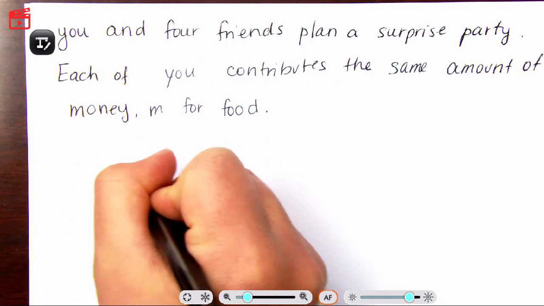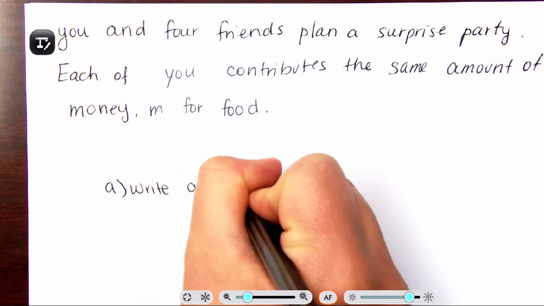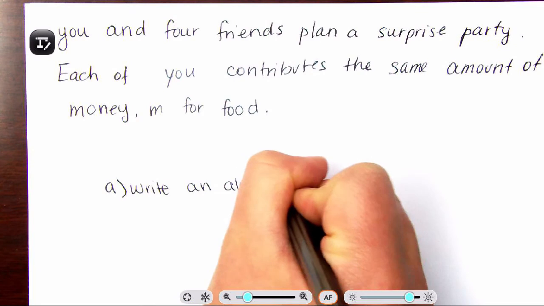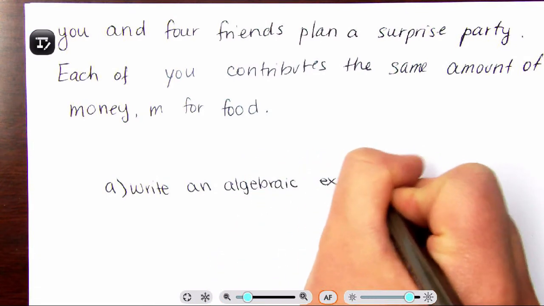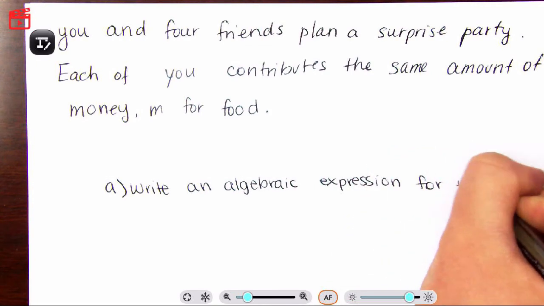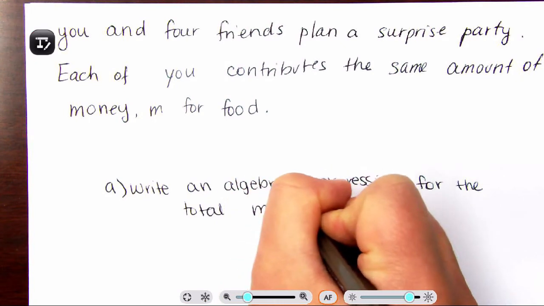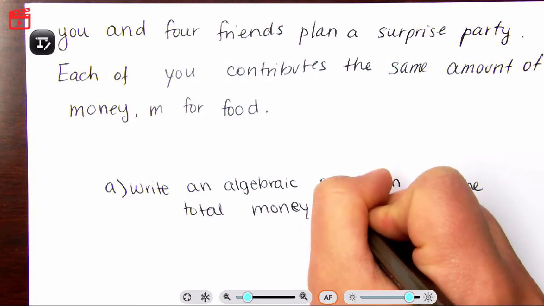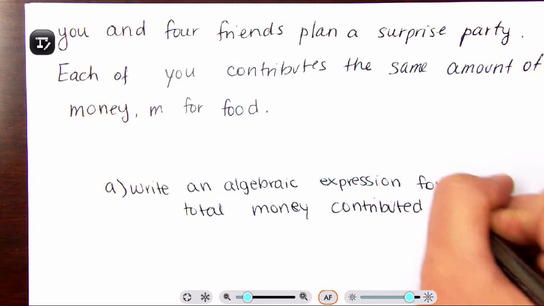A is they want you to write an algebraic expression for the total money contributed for food.